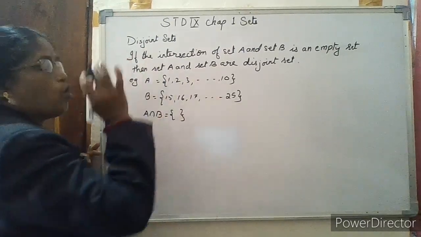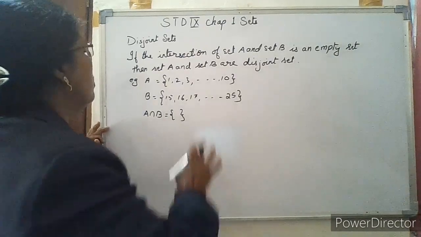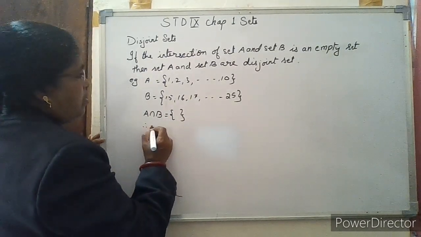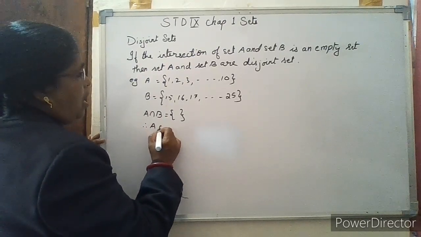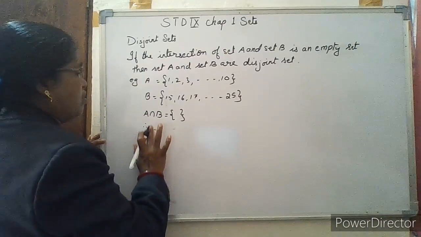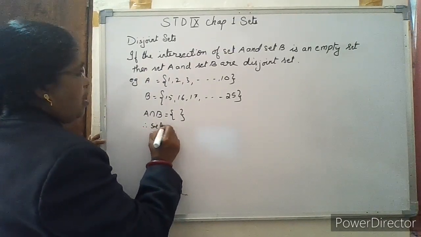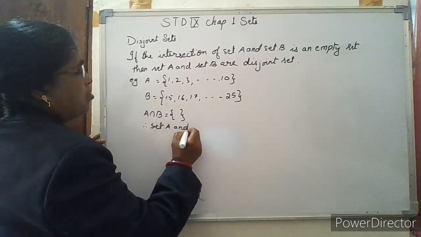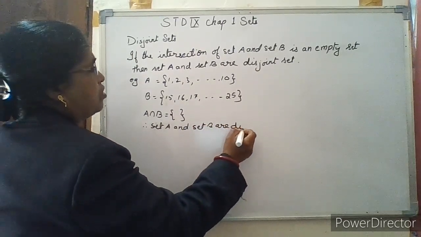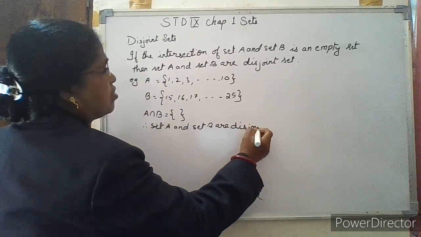There is no common element at all. So when there is no common element, we can say that set A and set B are disjoint sets.